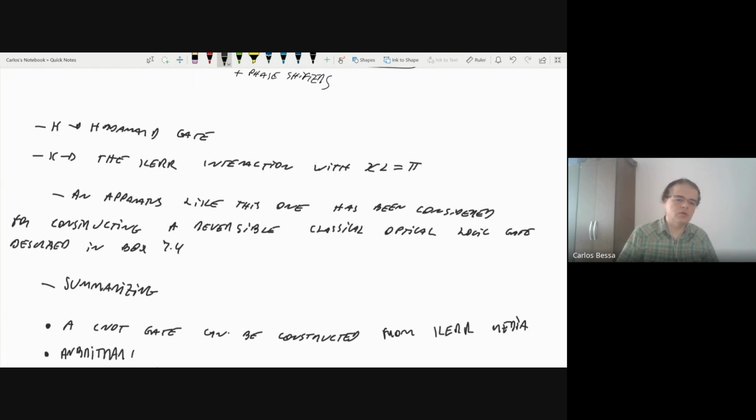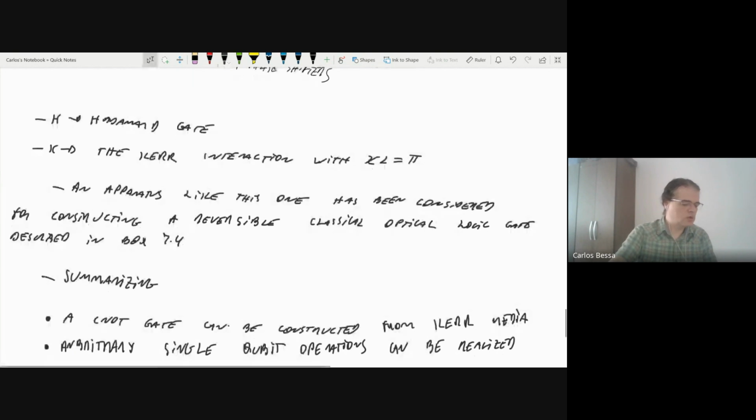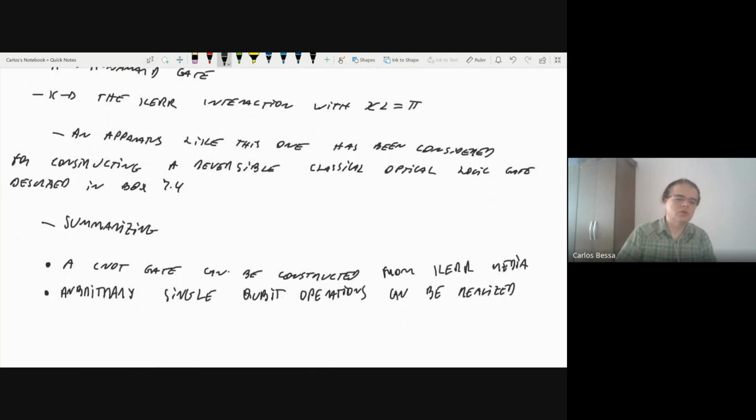Arbitrary single qubit operations can be realized using beam splitters and phase shifters.